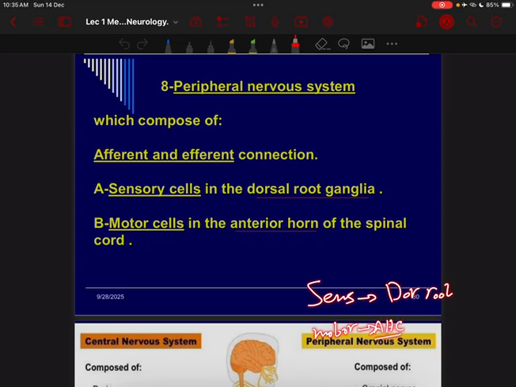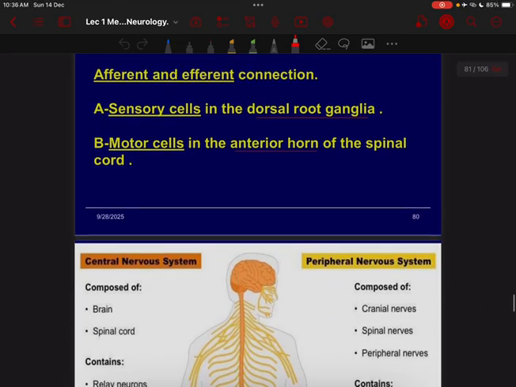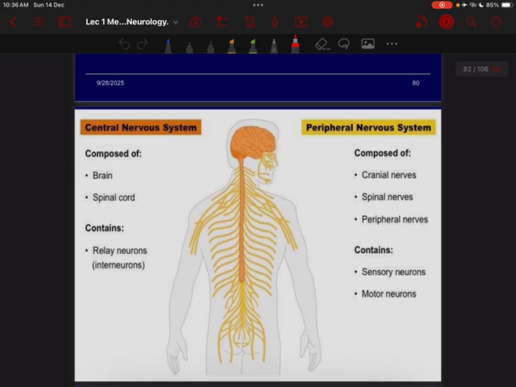But the sensory fiber from the sensory receptors, sensory nerve, goes to the dorsal horn cell. These are the peripheral nervous system. Now, peripheral nervous system and the central nervous system. So the peripheral nervous system is composed of cranial nerves, spinal nerves, peripheral nerves, and the central is the brain and spinal cord.